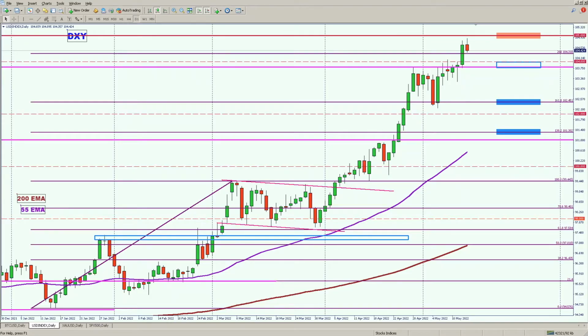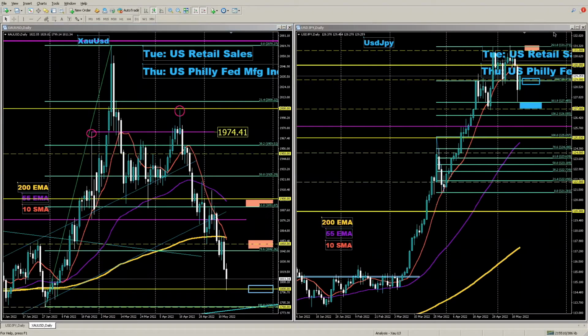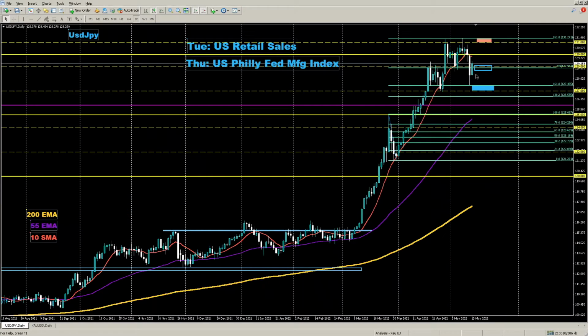Let's move on to the dollar against the Japanese yen, and it has finally retraced lower after hitting the 262 fib extension here at 131.27, or 27 above the 131 round figure.